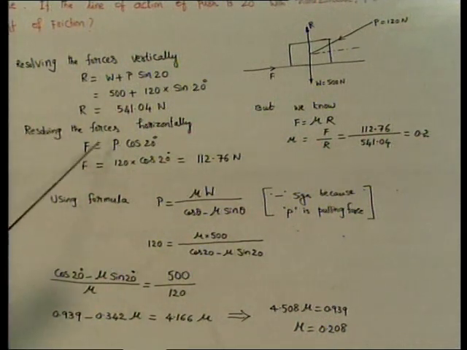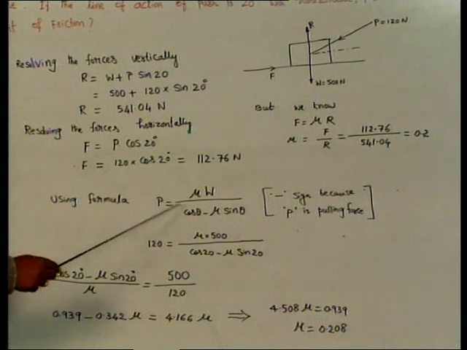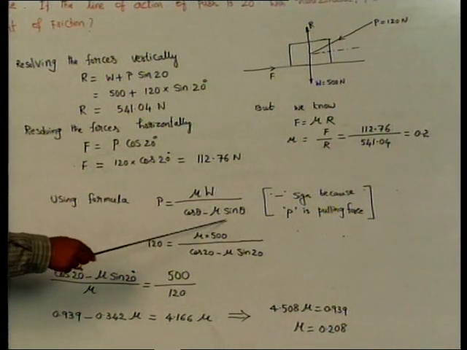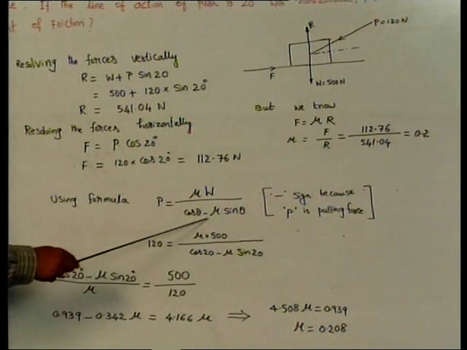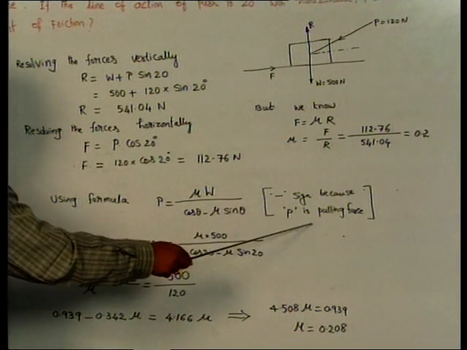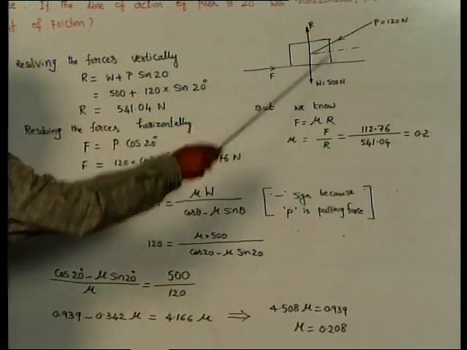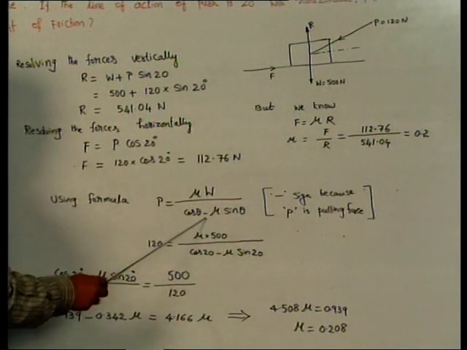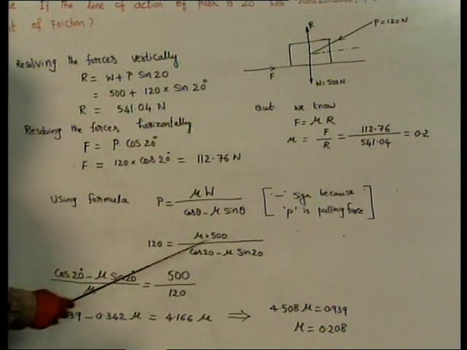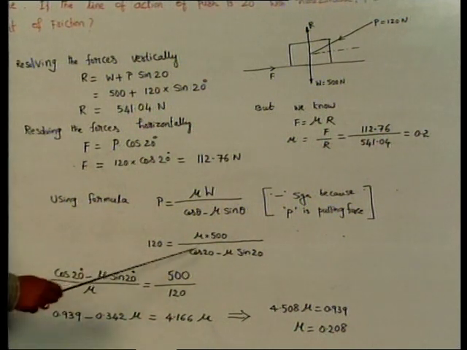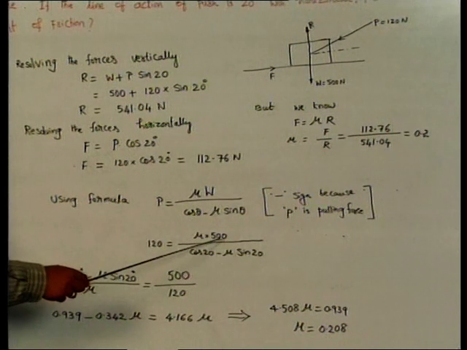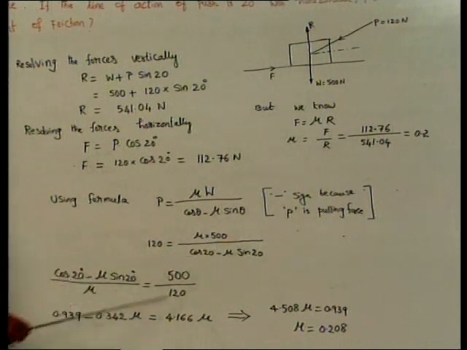We can also solve the same problem by using directly through a formula. P is equal to mu W by cos theta minus mu sin theta. Here the sign is minus because P is a pushing force here. P is pushing force, therefore the sign is minus. So, P is equal to 120, W is equal to 500, theta is 20 degree.